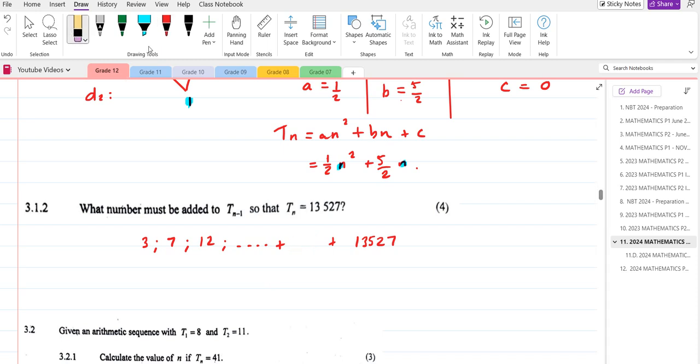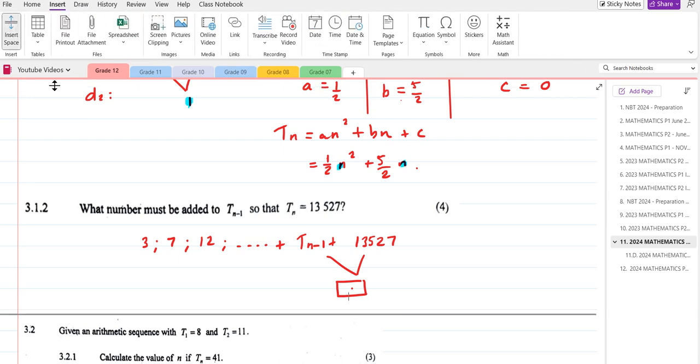Remember, Tn minus 1 occurs here. So the number that you need to add is the difference. See this difference formula here? This number here you need to add. So you get 13,527. Alright, so that's a number you need to add.